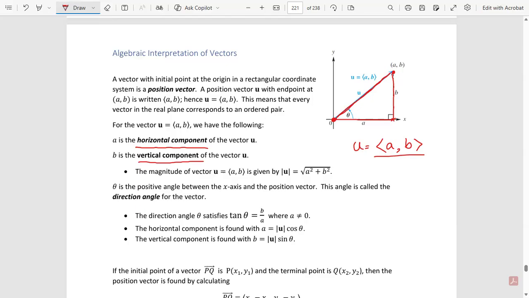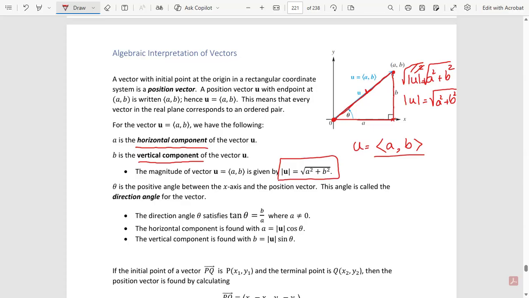And in every right triangle, the hypotenuse squared is a squared plus b squared. If you take the square root of both sides, you see that the magnitude is the square root of a squared plus b squared. So to find the magnitude, we just need to square both the horizontal and vertical components, then add them and take the square root.